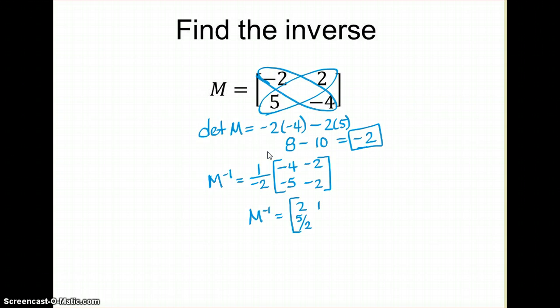And then lastly, -1/2 times -2 is again +1. So the inverse of this matrix M is 2, 1, 5/2, and 1. And I could check that by multiplying the two matrices together and make sure I get the identity matrix.